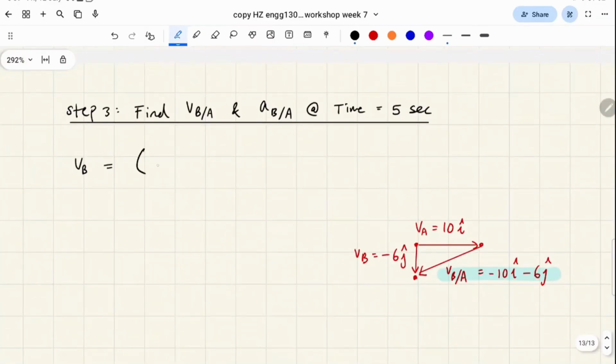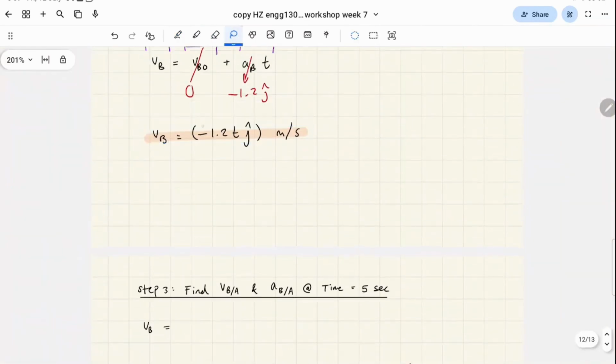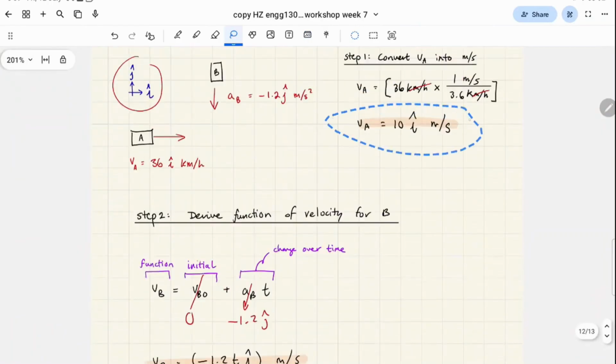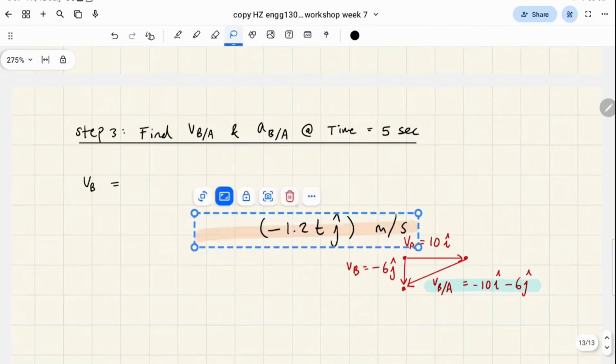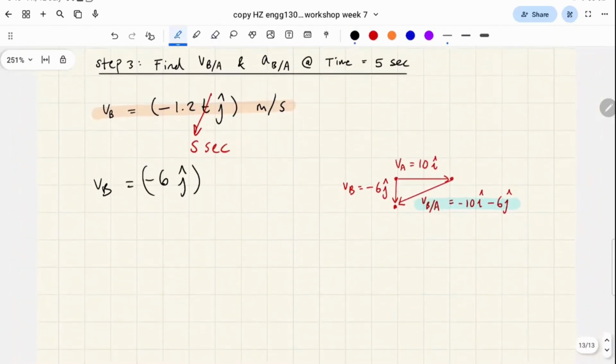So basically, we have this, let me just copy this over. We sub in time equal to 5 seconds, and then we get negative 6J, right? So this is the velocity at 5 seconds for B.